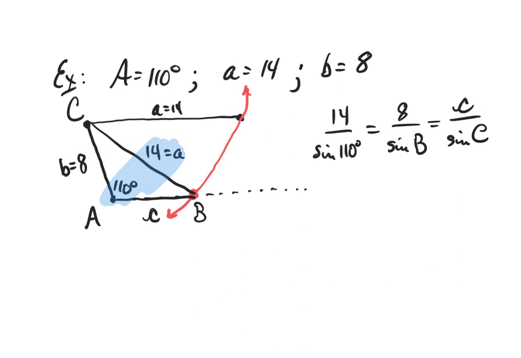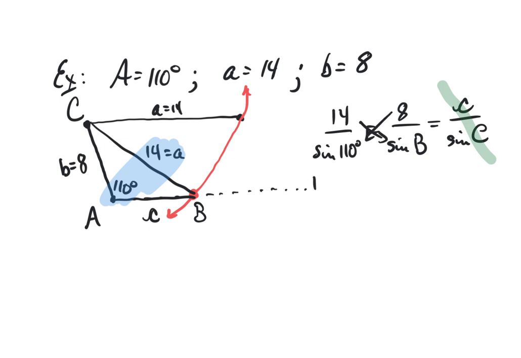We cover one fraction up at a time. I'm going to pretend to cover up the third fraction and cross multiply with the other two.